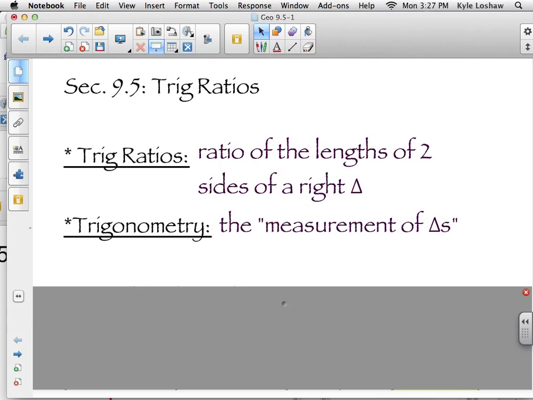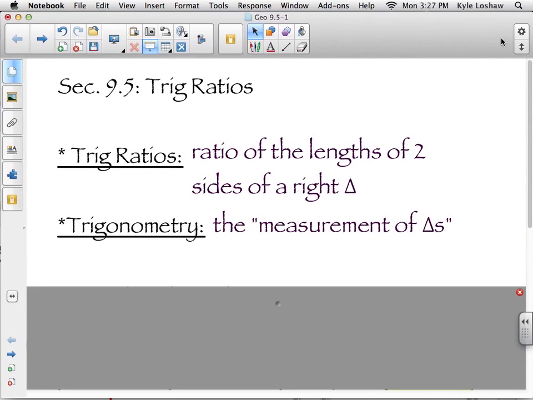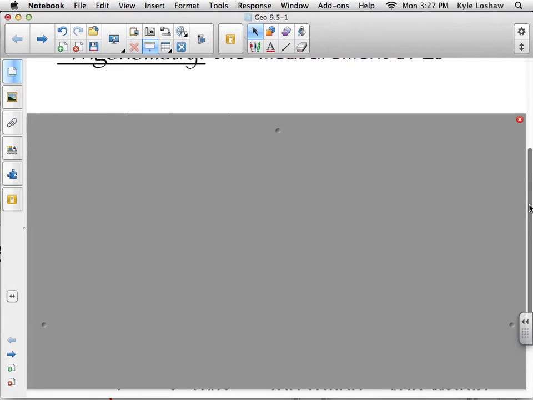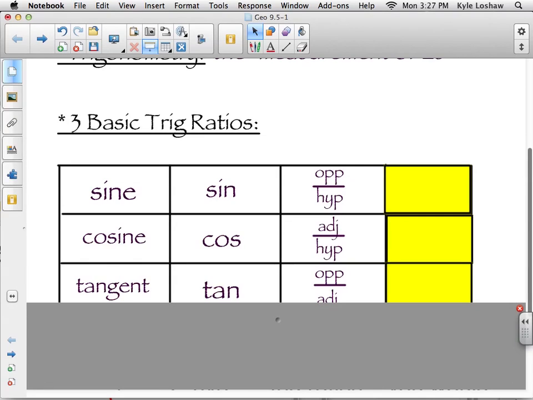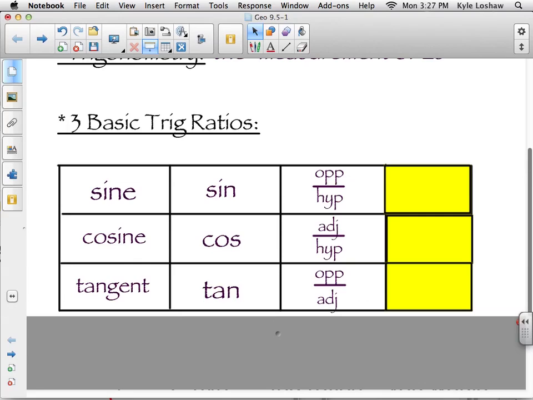Today we're going to look at three important ratios. Those are going to be ratio 1, ratio 2, and ratio 3. No, they're not. They are the sine, the cosine, and the tangent.